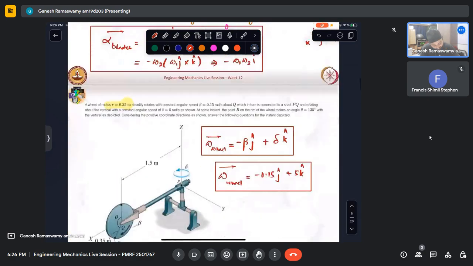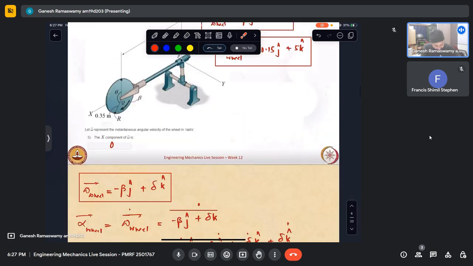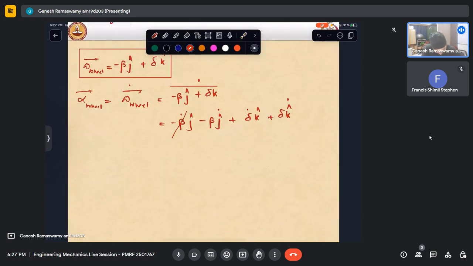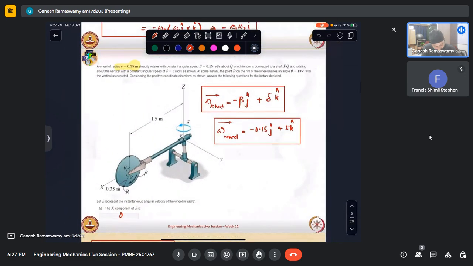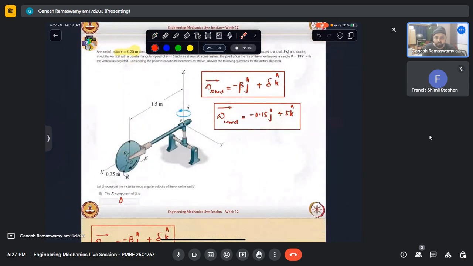Okay. So in the question we have been given that beta is constant and delta is also given to be constant. These two words help us identify that there is no magnitude change, in which case this is 0, this is 0. Now let us see which is the axis that is changing here. So we have x pointing here. In the next instant, this is x, y and z.